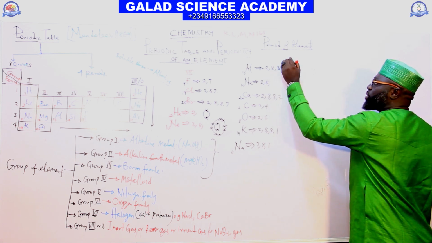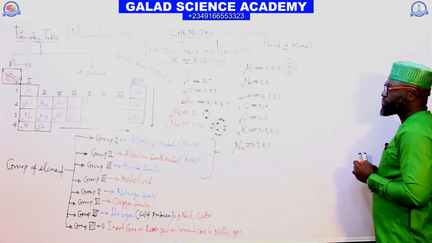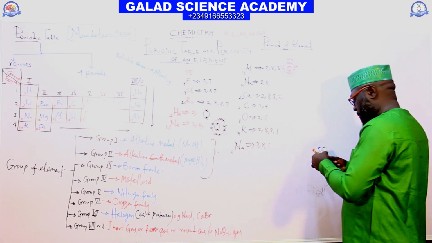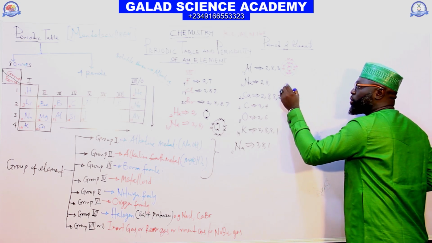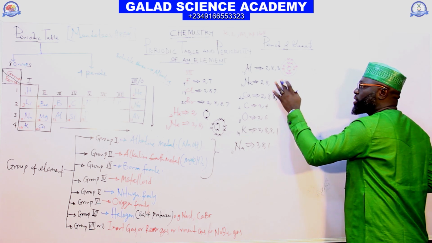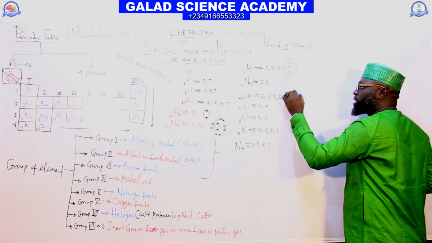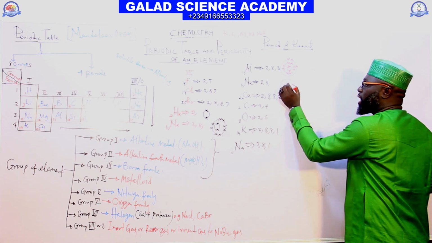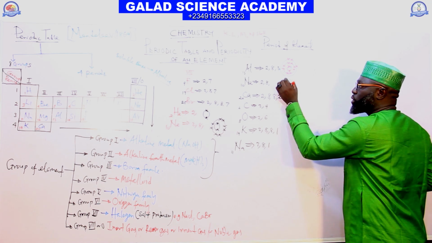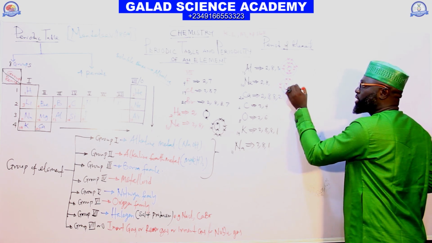The one outside has 1, 2, 3. For neon, what do we have? Neon will have this, with 1, 2, 3, 4, 5, 6, 7, 8.